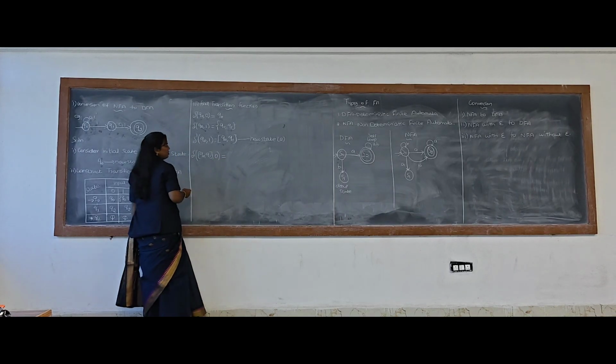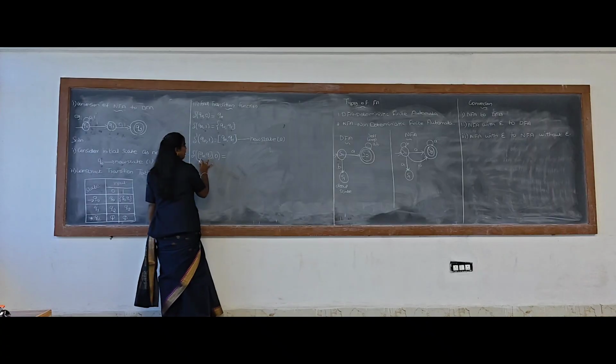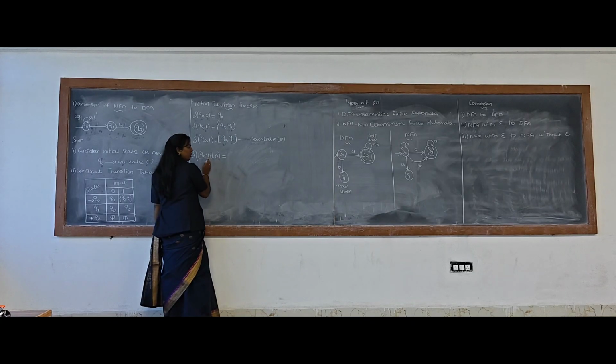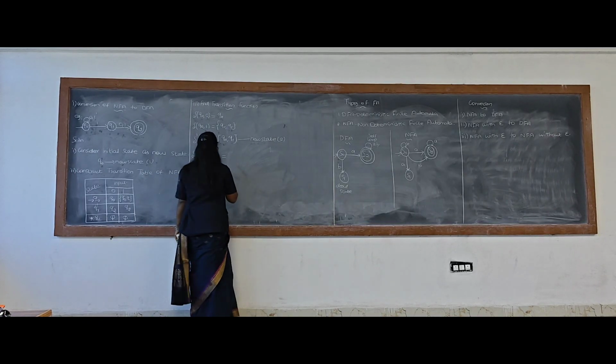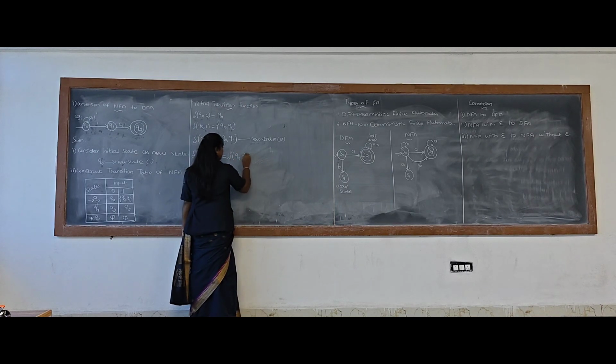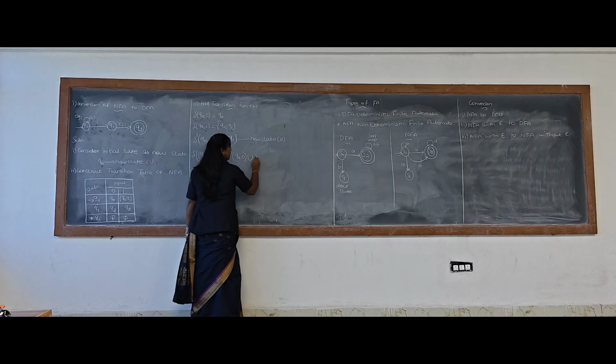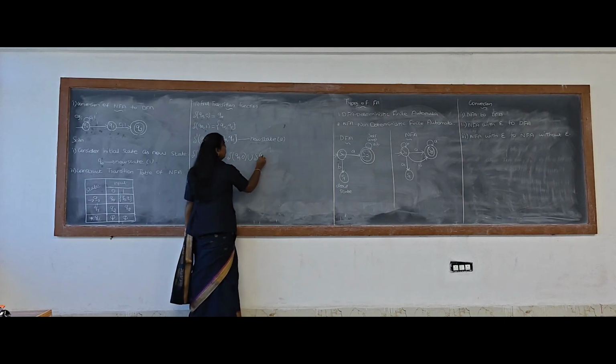Here we have two states combined together, and we consider this as one state. So while finding the transition function, we write transition function of q naught comma 0 union transition function of q1 comma 0.